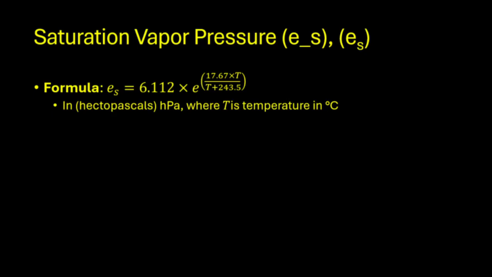Whatever that number is, you then do e to the essentially an exponent. It's something you'll do using a scientific calculator, one in which you cannot just crank out on your old calculator on your wristwatch. And then the result is in hectopascals, which we symbolize as hPa.